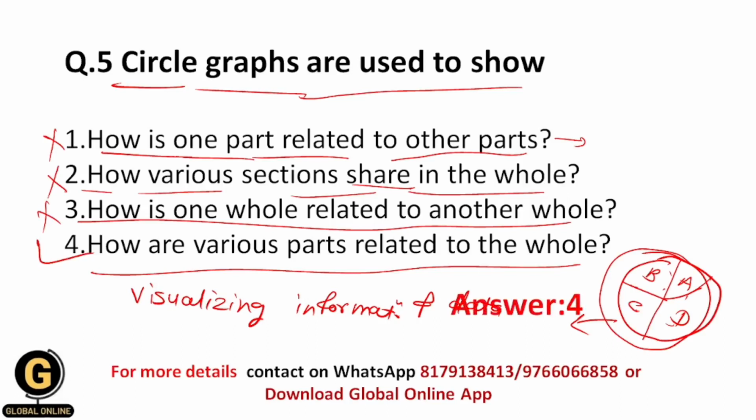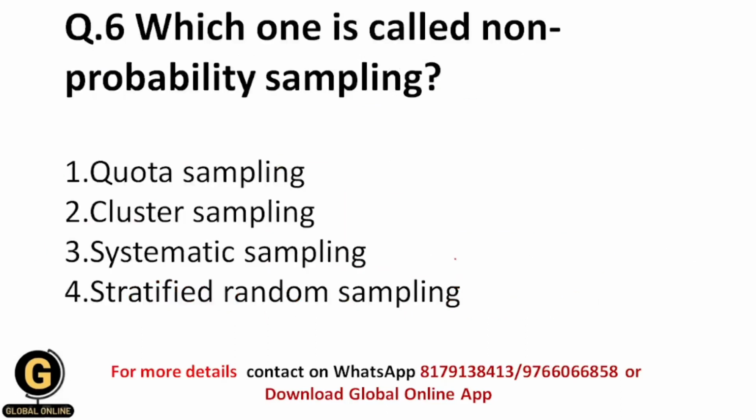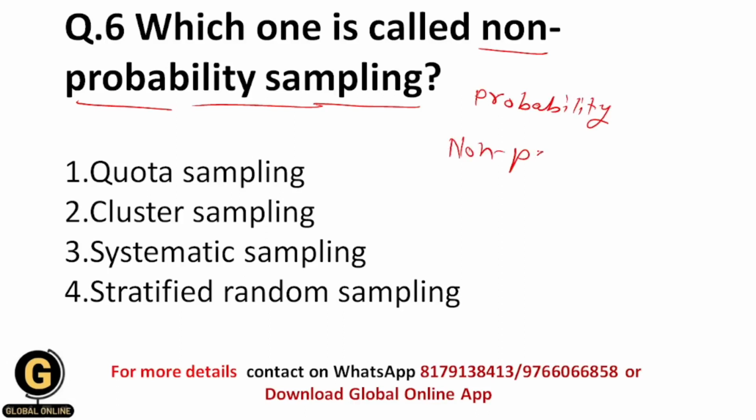Now students, in this question it has been asked which one is called non-probability sampling. There are two sampling methods. First is probability sampling, and the second one is non-probability sampling.